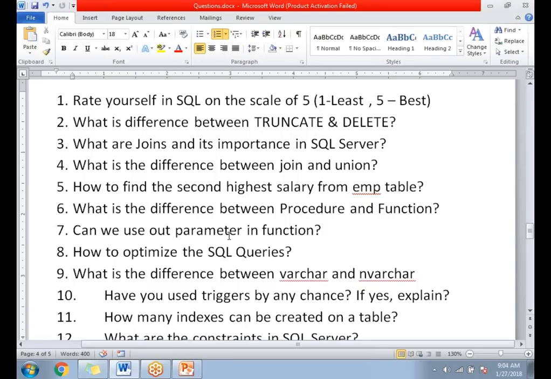Next, have you used triggers by any chance? Yes, there are some places where people might need to use triggers. A major scenario is when we are doing an audit on a particular table. So there is an employee table. I want to capture each and every transaction on the employee table. Whenever they change an employee name, a date of birth, or any field in the employee table, I want to capture the old value as well as the new value.